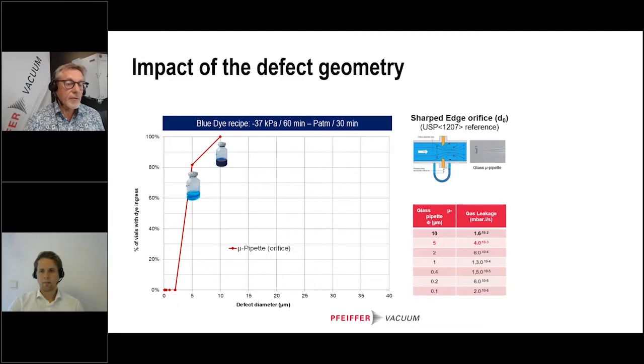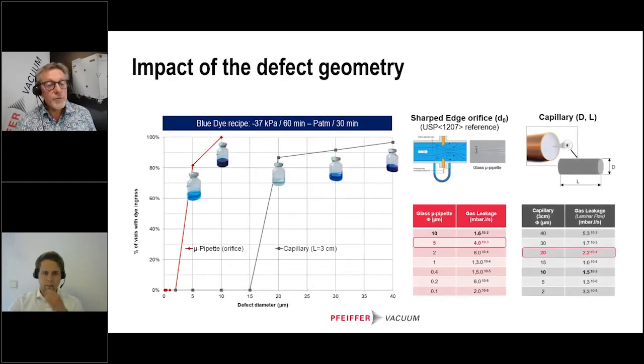You see that our detection limit is around 5 microns for micropipettes, and we can compare that to the microtubes. The 3 centimeter long microtubes give, of course, a different result, and the detection limit for the microtubes is around 20 microns, which is very similar to the result proposed by Burrell.